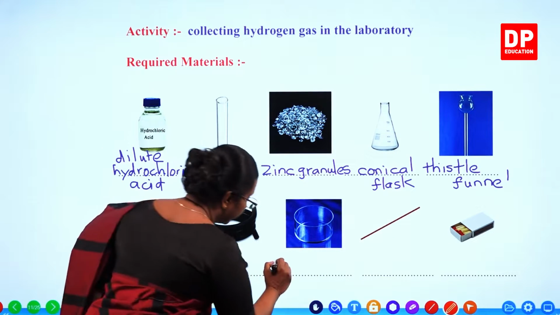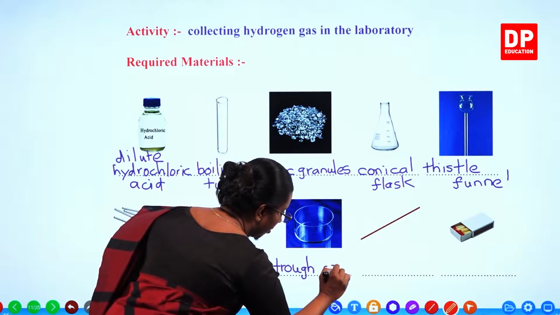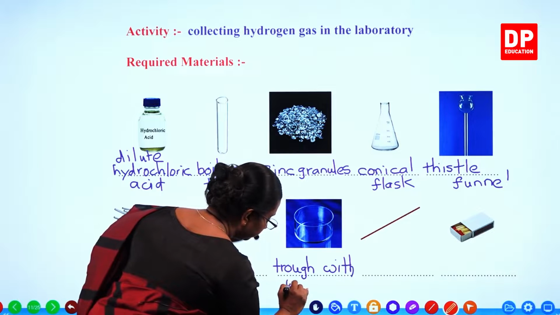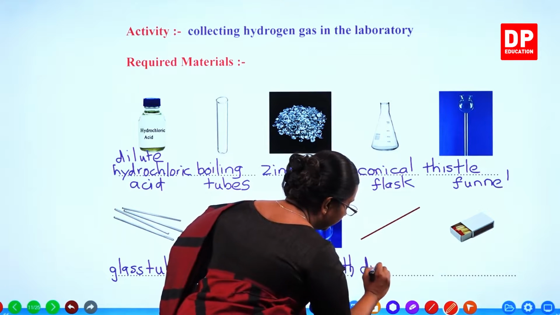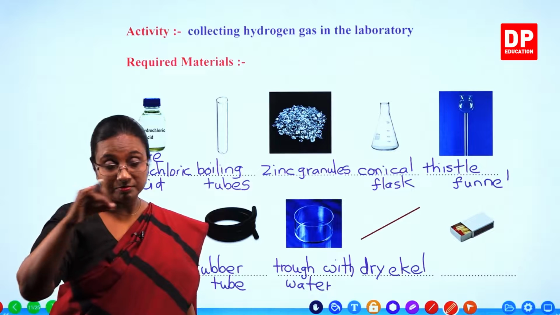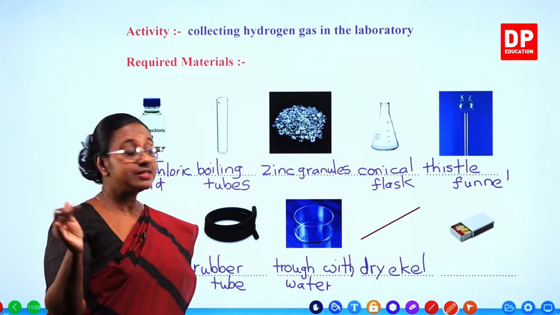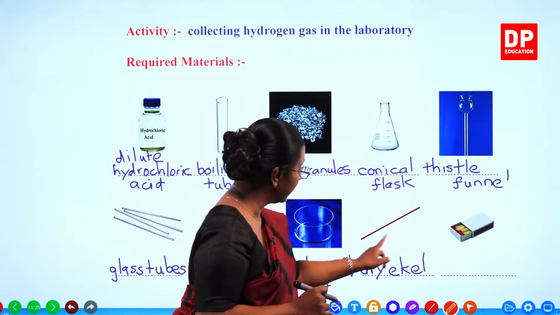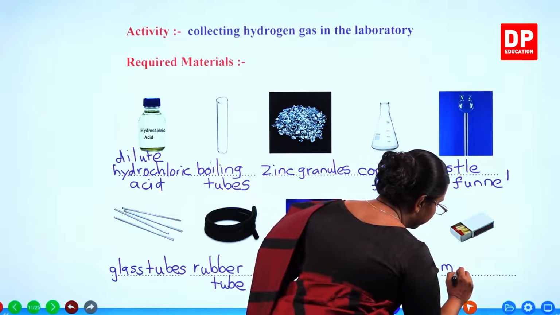Then we need a trough with water, and dry equal. Equal is what you get from the coconut leaves, the parallel veins of the coconut leaves. That can be dried and taken as the dry equal. And also we need a matchbox.